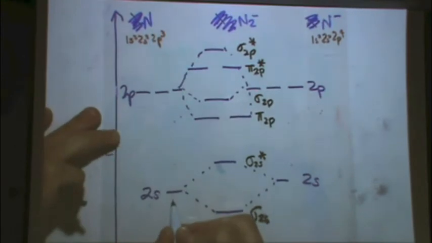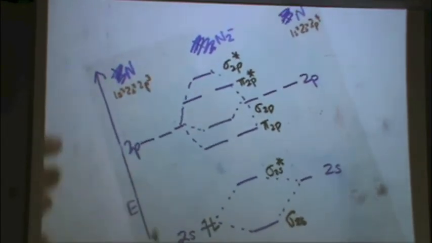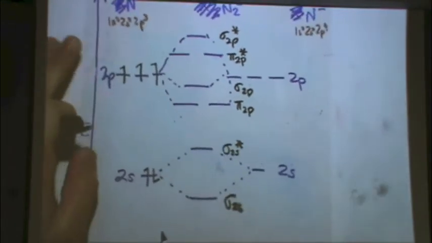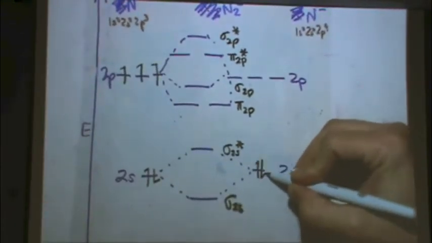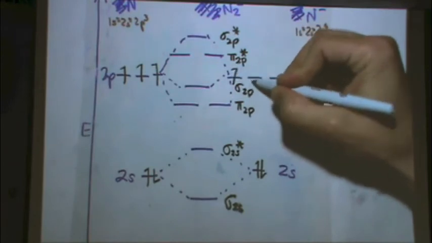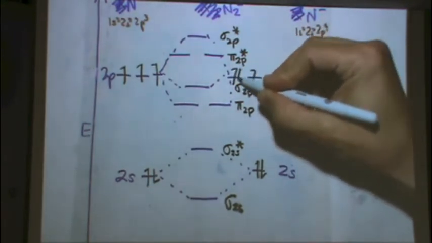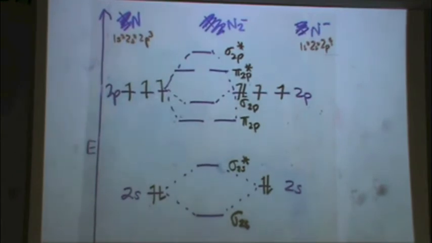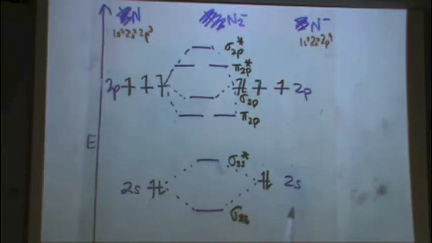Alright, let's fill in those electrons. On the left-hand side, it's 2s2, 2p3. 1, 2, 3. And on the right-hand side, it's 2s2, 2p4. 1, 2, 3, 4. Okay. Now let's fill in the electrons in the middle, in the molecular orbitals. For the bottom picture, we've got 1, 2, 3, 4, or a total of 4.